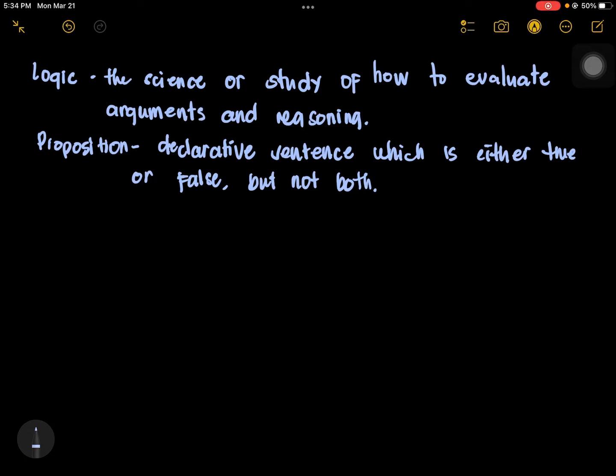So I'll give you an example of proposition. We have: today is Sunday. Okay. So this is proposition because by definition it is a declarative sentence and the truth value is either true or false but not both.